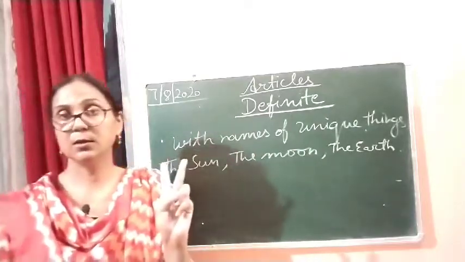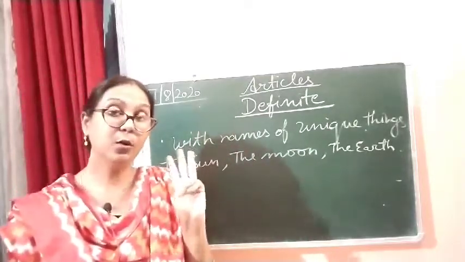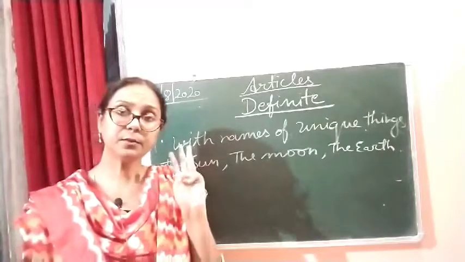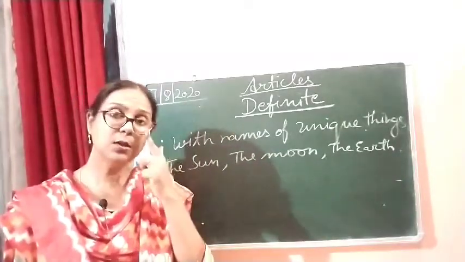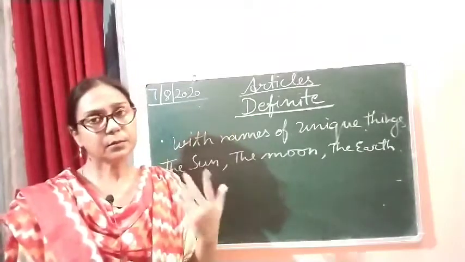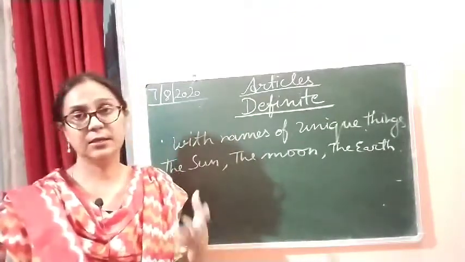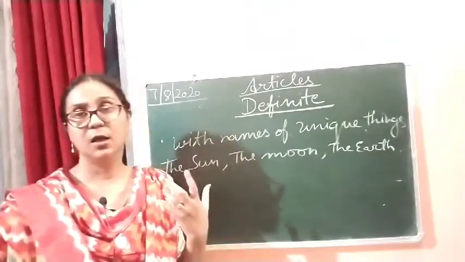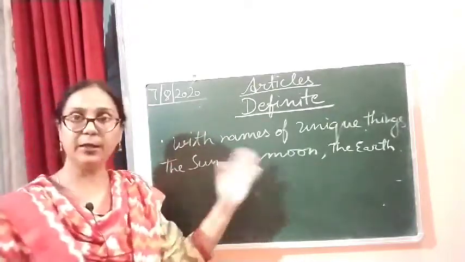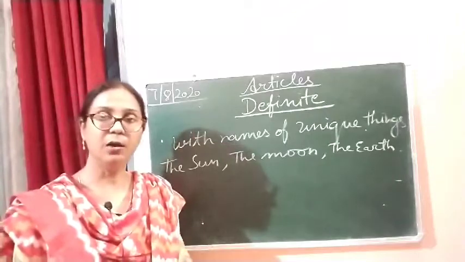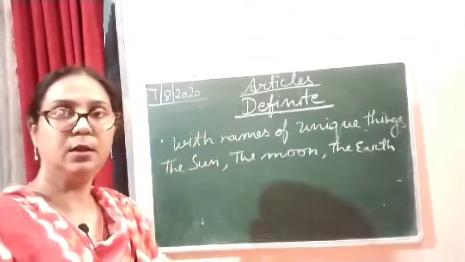Famous monuments or books, epics, before the names of books and epics and religious books, and before the names of rivers, mountains, oceans, and these unique things, we have to always keep in mind.